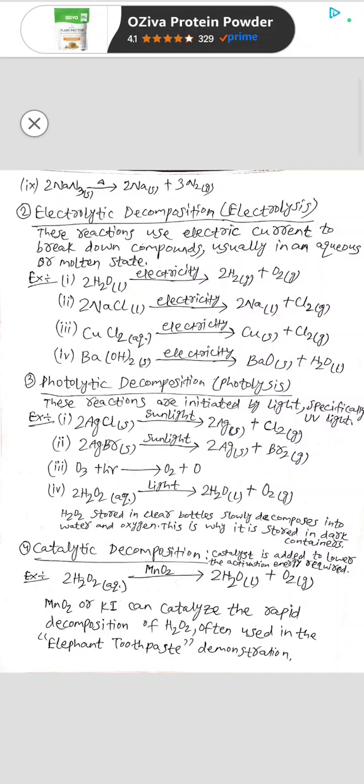Observe for some time, and you see two gases being released. One is hydrogen gas, another is oxygen gas. The hydrogen gas is identified when we take a candle near one electrode, then a pop sound takes place.